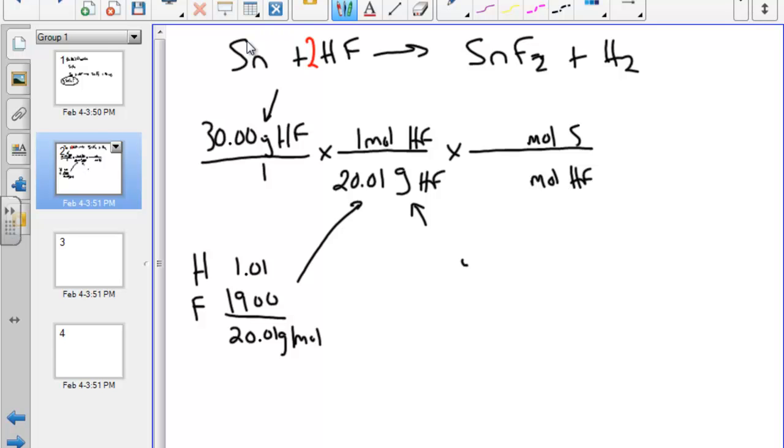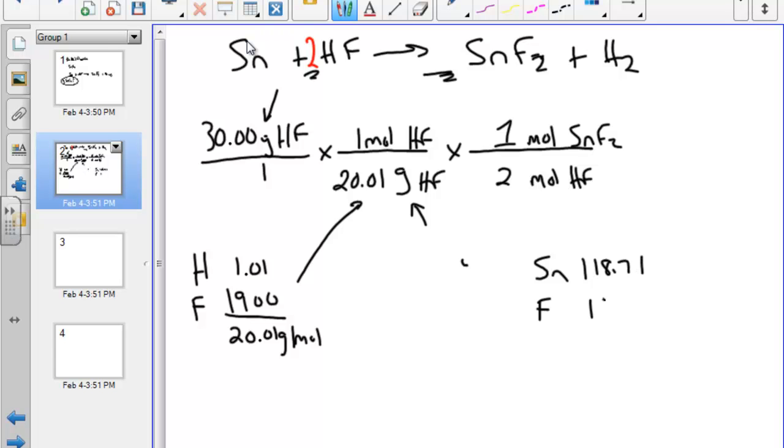I'm going to go moles of SnF2, and then fill in the numbers of my ratio. Here, there's an understood 1, and HF has a 2 in front of it, so a 1 to 2 ratio. And then I would multiply that by the molar mass of SnF2. So tin, which is number 50, is 118.71, and there's only one of those.